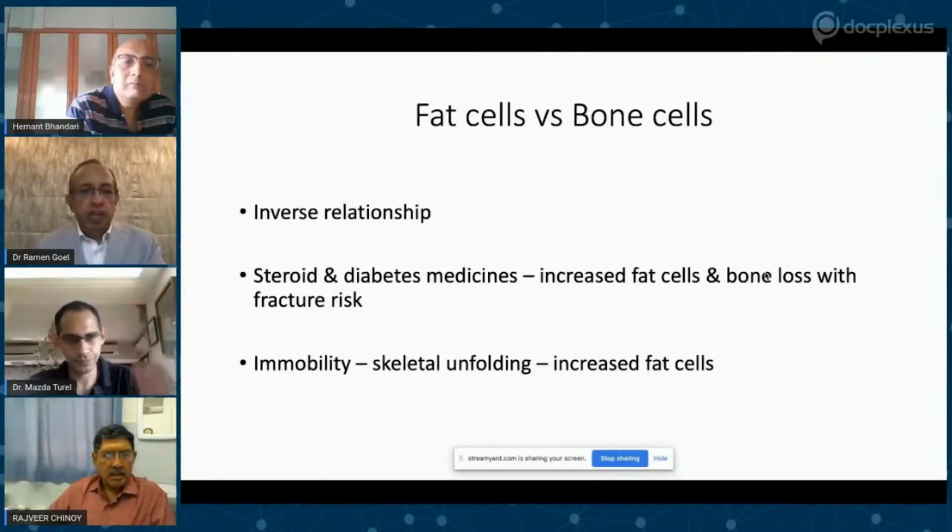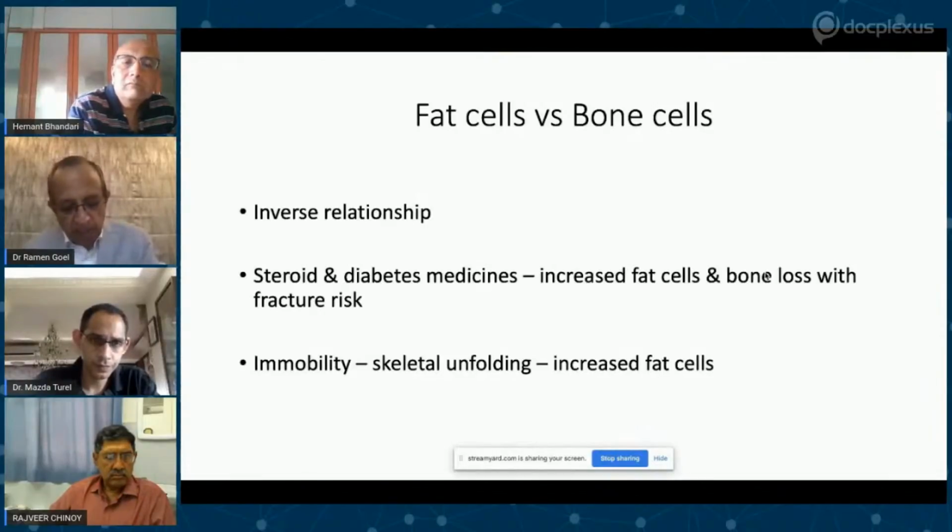And the same thing, the last point that has been put on the slide, if somebody is immobile, we have a lot of patients who are coming for bariatric surgery on a stretcher or on a wheelchair, or those who are not able to walk much. Does that also lead to loss of bone mass? See, our body responds to the stress put on it. The bone is strengthened because of the stress.